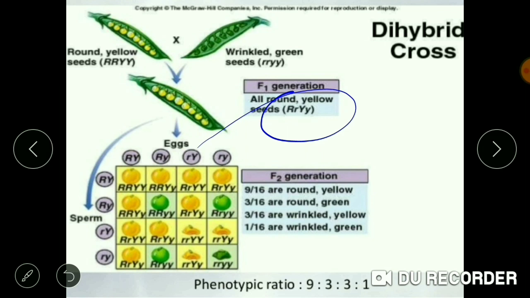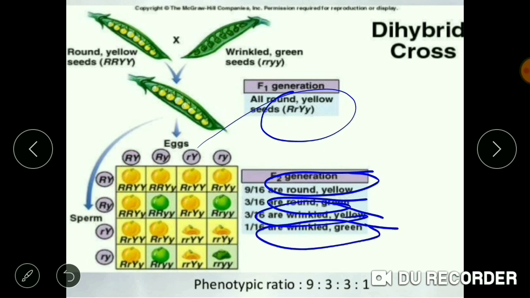On performing the selfing, they found that in the F2 generation, the phenotypes obtained are as follows: round yellow in the proportion of 9. Round green, 3 plants were obtained, wrinkled yellow 3 obtained, and wrinkled green 1 obtained.